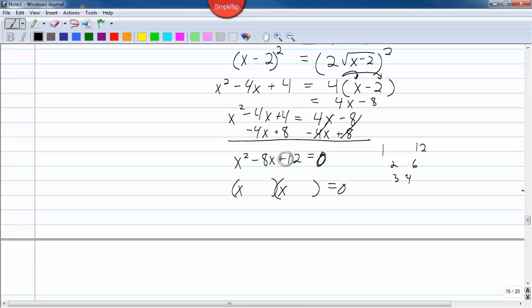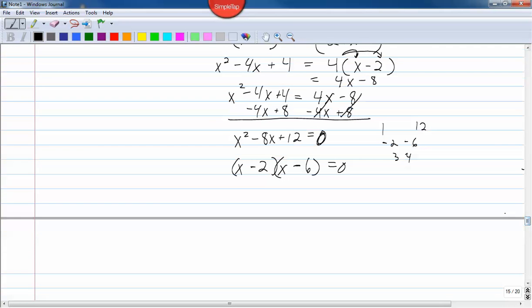If I want to get a positive when I multiply, but a negative in the middle, that means both terms are going to have to be negative. So what will a negative 2 and a negative 6 do for me? The outer terms gives me negative 6x. The inner terms gives me negative 2x. Negative 6x minus 2x is negative 8x. So that's how that factors.